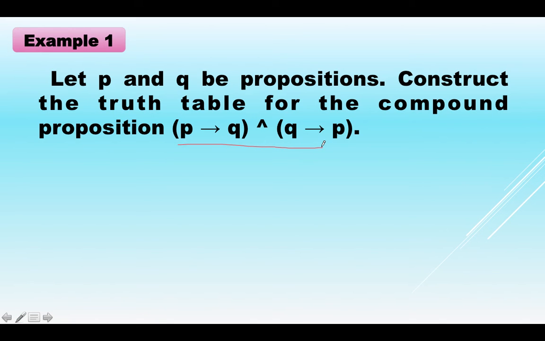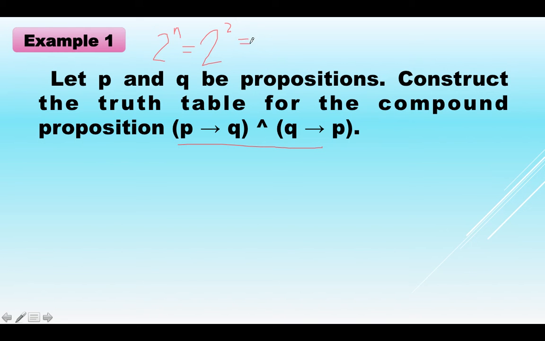First thing to do, you need to determine how many letters do we have here. Without repetition, we have P and Q only. So therefore, using the formula 2 raised to n, wherein this is equal now to 2 raised to 2, the answer is 4.